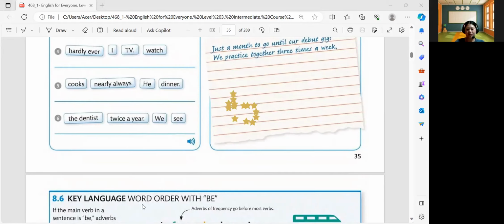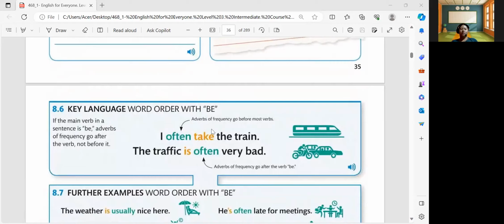Now let's proceed for another. Okay, so another topic or another lesson for tonight, we have all about word order with be. Okay, so please read the meaning.